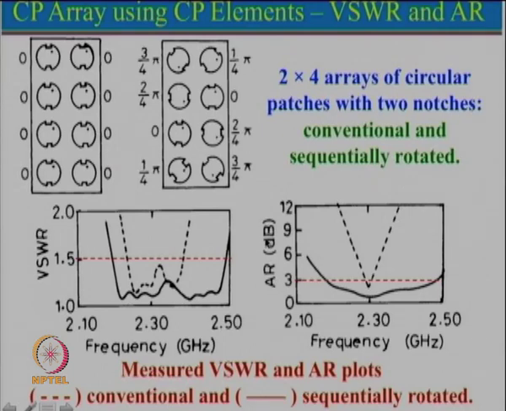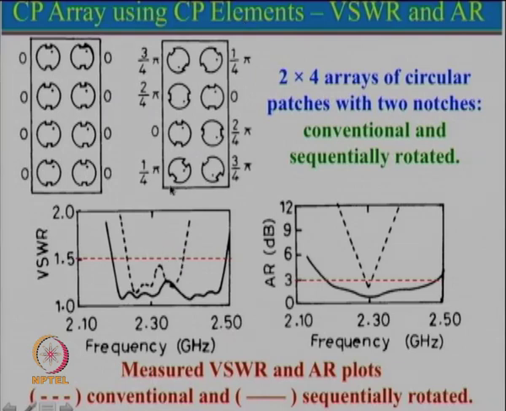The dotted line which I have shown here is for AR equal to 3, and you can see that this bandwidth is relatively very small. So, even though the VSWR bandwidth is so large, it is not at all a useful bandwidth. Really speaking, for a circularly polarized antenna, this is the only useful bandwidth. All of this VSWR less than 1.5 is not at all useful.